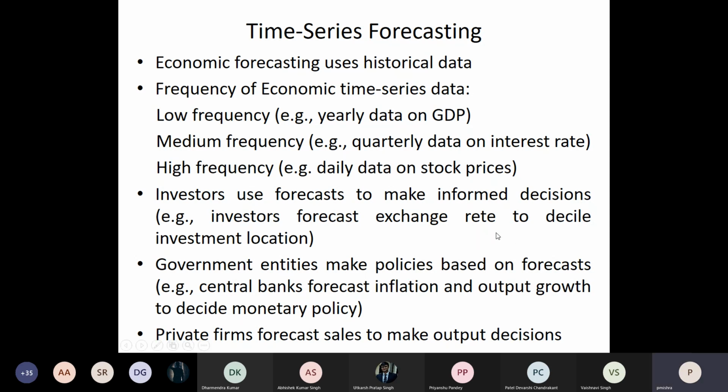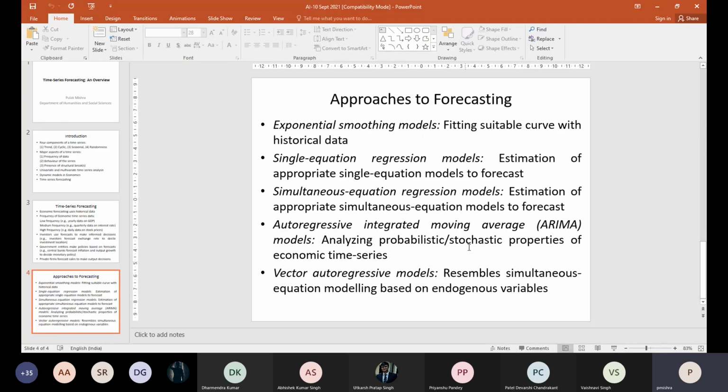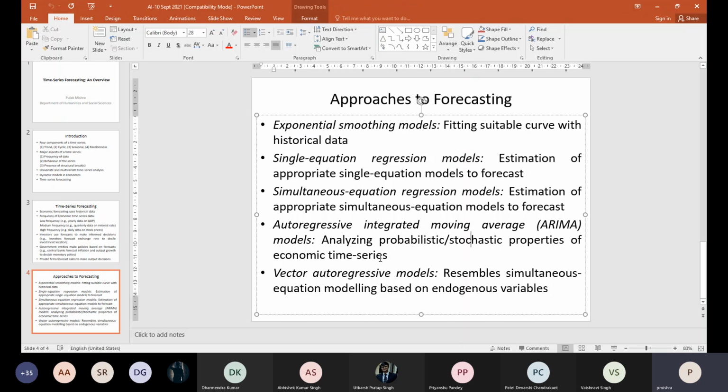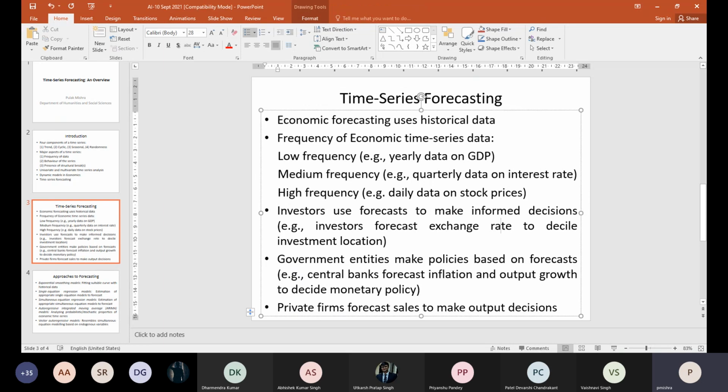I'll correct it later and I'll send it to you. Forecasting exchange rate to decide investment locations.